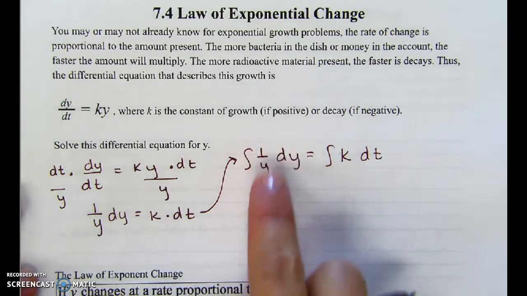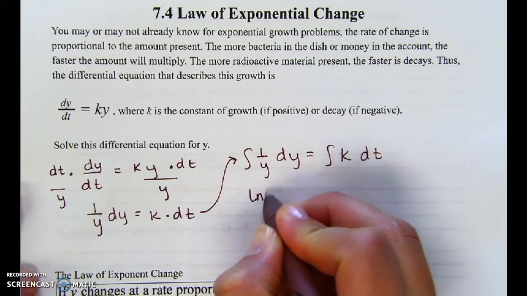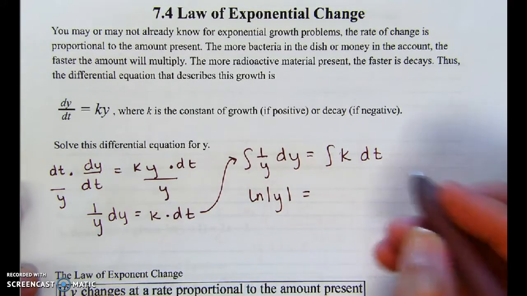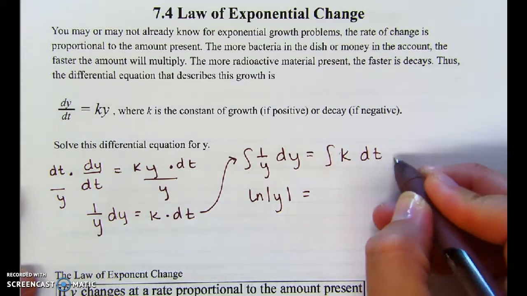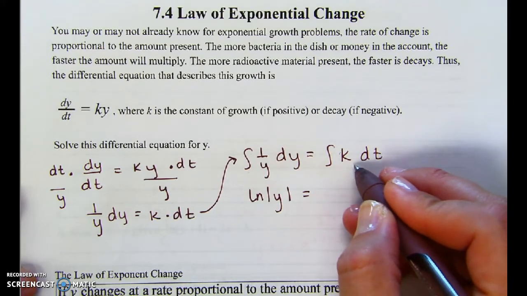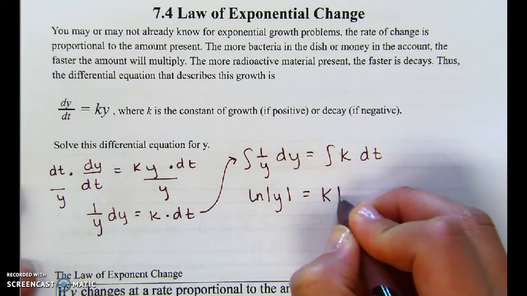Now the integral of 1 over y, because it's y to the 1, will be the ln of the absolute value of y equals, k is a constant and our variable is t, so the antiderivative of a constant with respect to t will be kt.